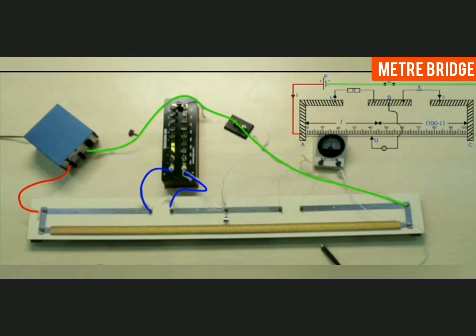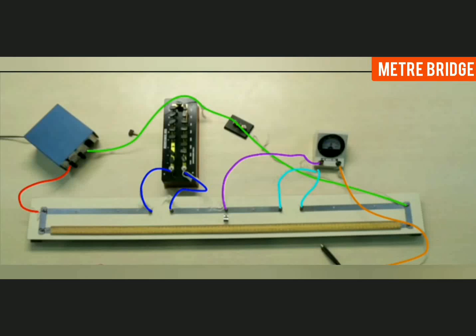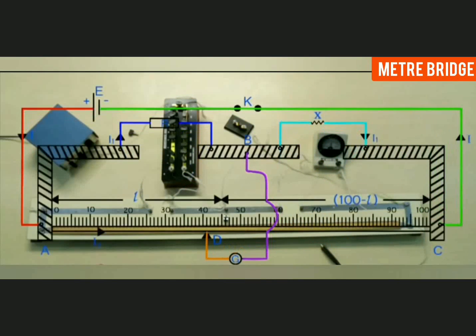A resistance box is connected in the gap on the left hand side of the meter bridge, while in the gap on the right hand side, the unknown resistance wire is connected. One terminal of the galvanometer is connected to the terminal between the two gaps, while the other end is connected to the jockey. So that makes the circuit complete.